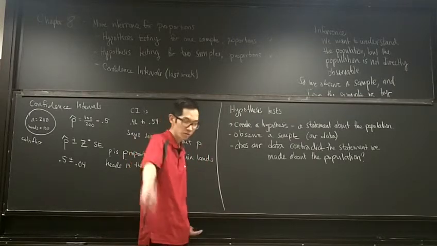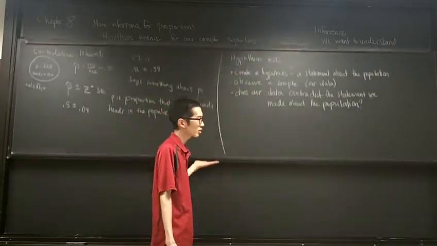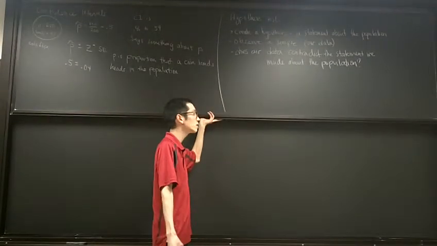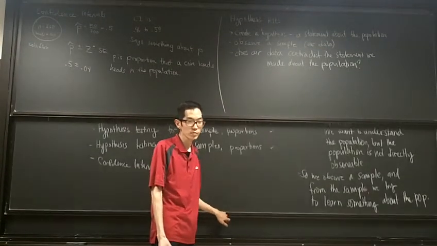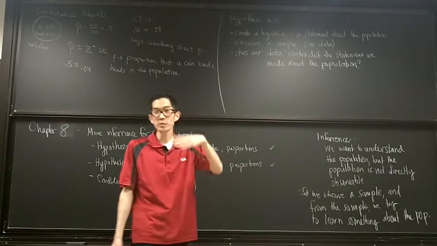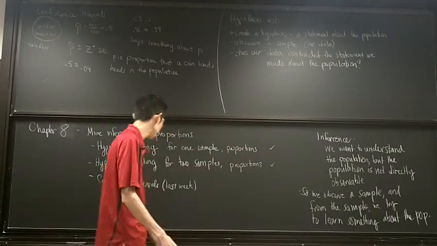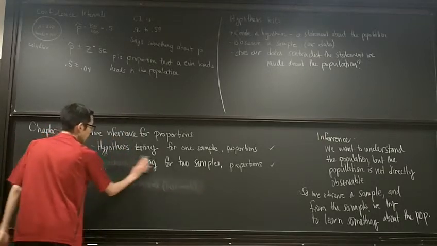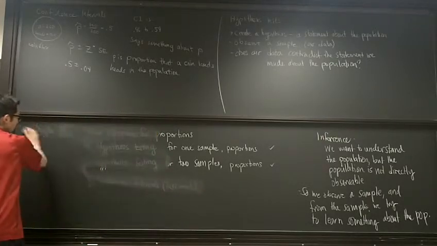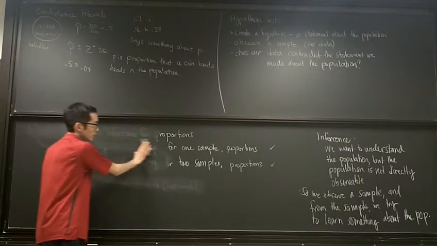Let's just hypothetically think of an example. Okay. So let's say we're talking about coin flips, and someone's going to make a statement about the population. The statement they make about the population is that a coin lands on heads with probability 0.5.